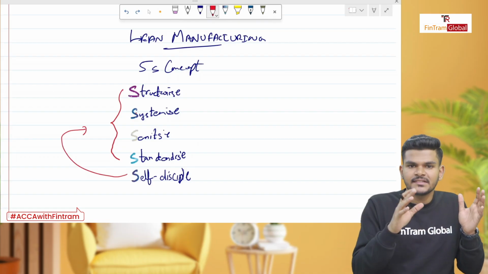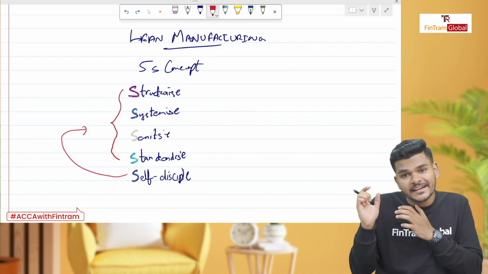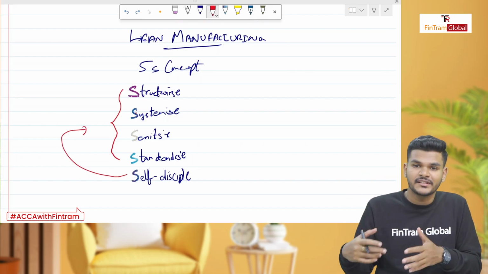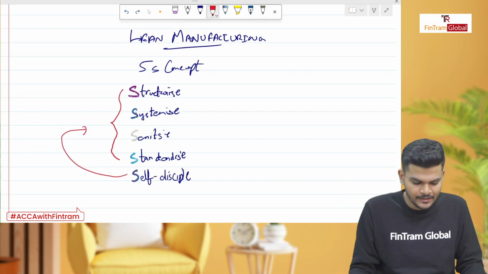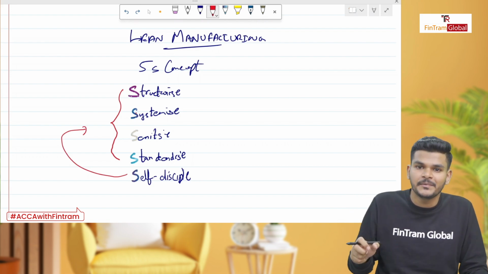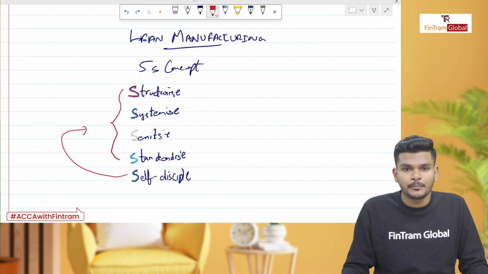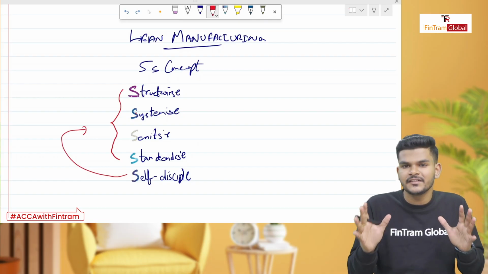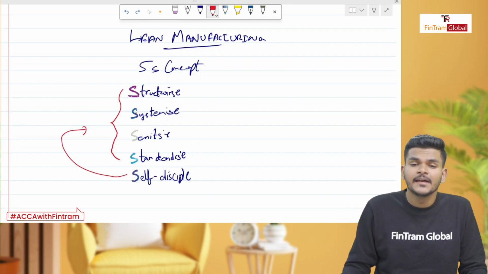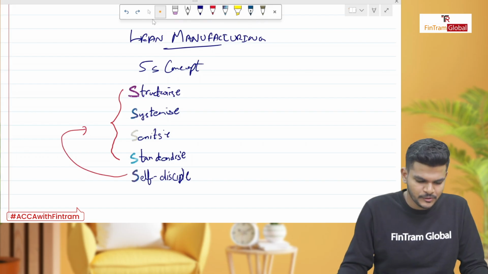Ensure that the systematic processes are being conducted systematically. Ensure that we are avoiding clutter and it's not forming again and again. And then ensure that all the standardized processes which we have predetermined are being followed by the employees. Kind of like control. That's basically the 5S concept, to put it very simply.